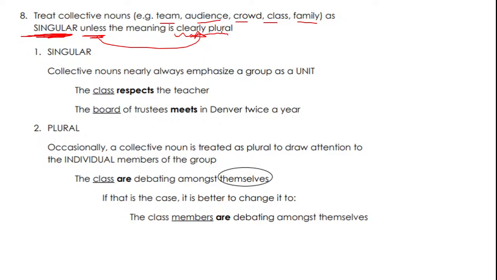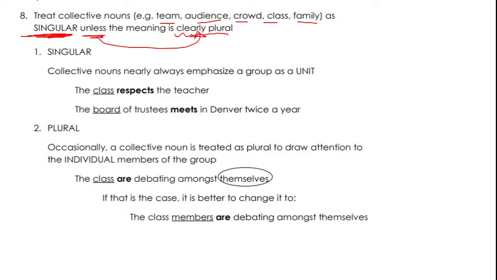Until unless we can clearly see the plural statement over there, we have to consider the collective noun as a singular itself, okay. Treat the collective noun as the singular जब तक आपको plural का meaning ना दिखे.